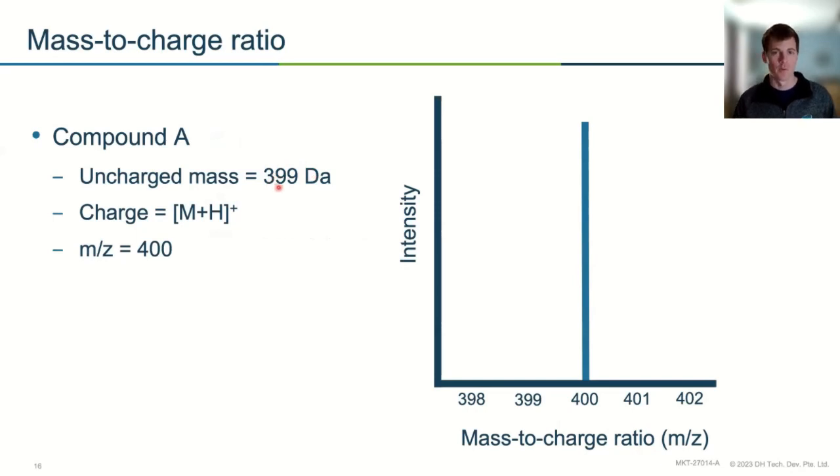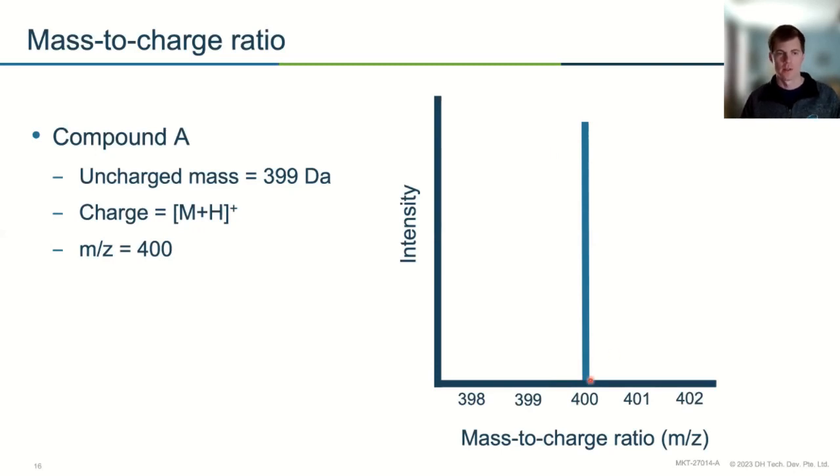What happens in the front part of the mass spec is usually some kind of ionization, which is typically gaining a proton. When you gain a proton, you also gain its little positive charge. And we see in the mass spectrometer an M over Z of 400. So even though our compound weighs 399, we know that it gained 1 because of that proton of the hydrogen, and we see it in the mass spectrometer as 400.